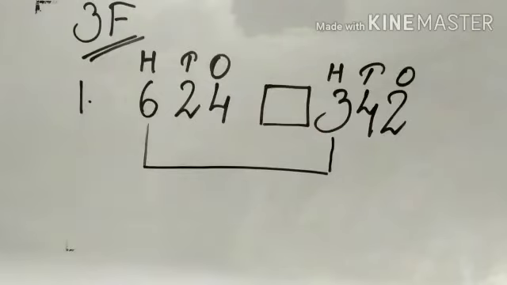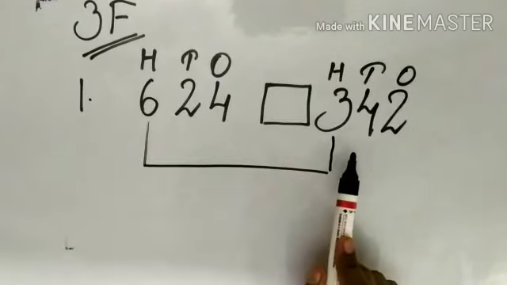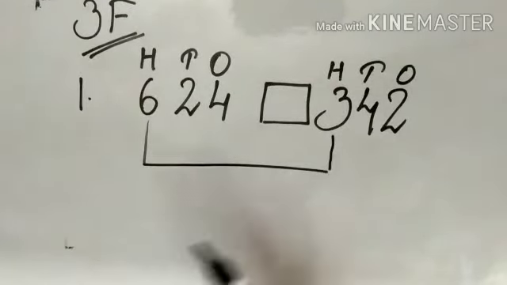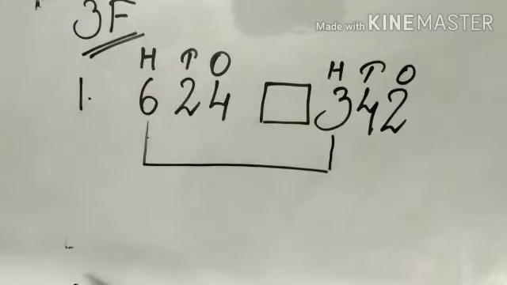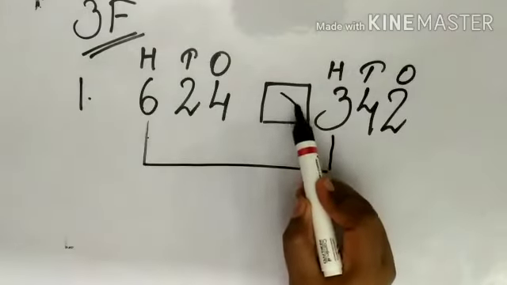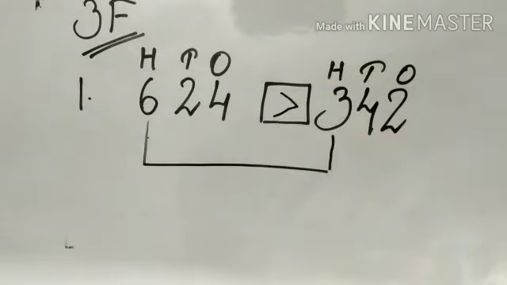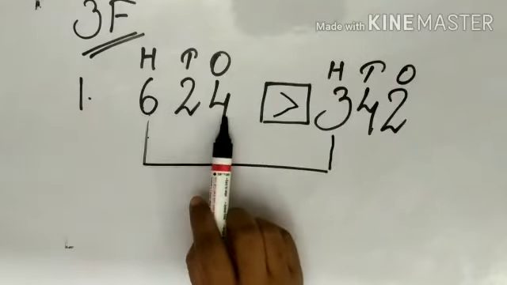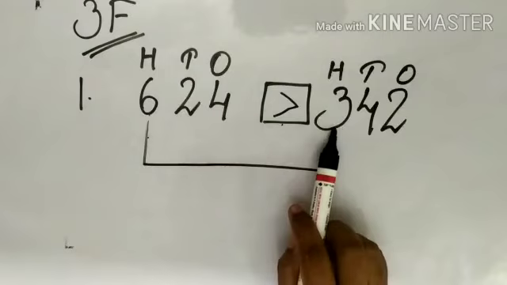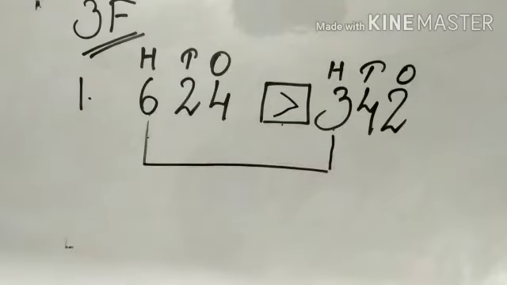It is 6, yes. And what is the hundreds position of the second number? It is 3. So which is greater? 6 is greater than 3. So the very next step will be to put a greater than sign, right? So what you are saying is 624 is greater than 342, right?